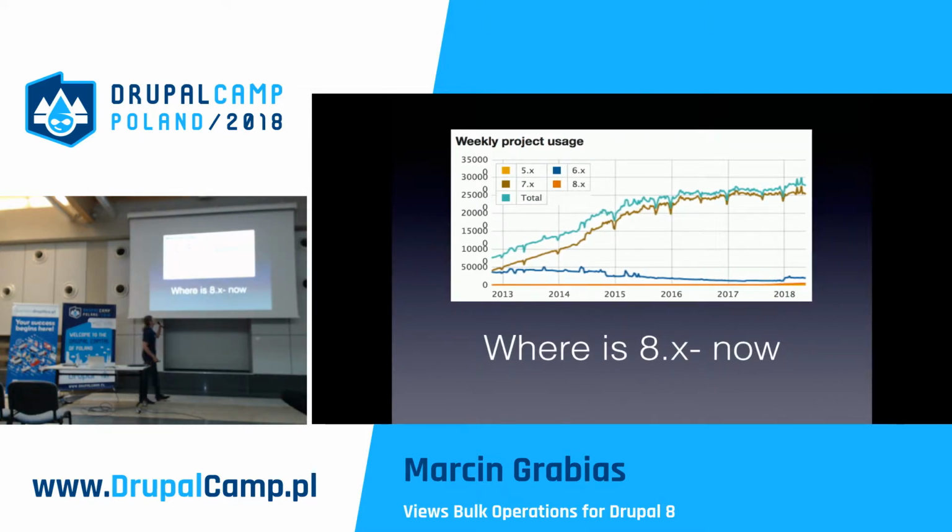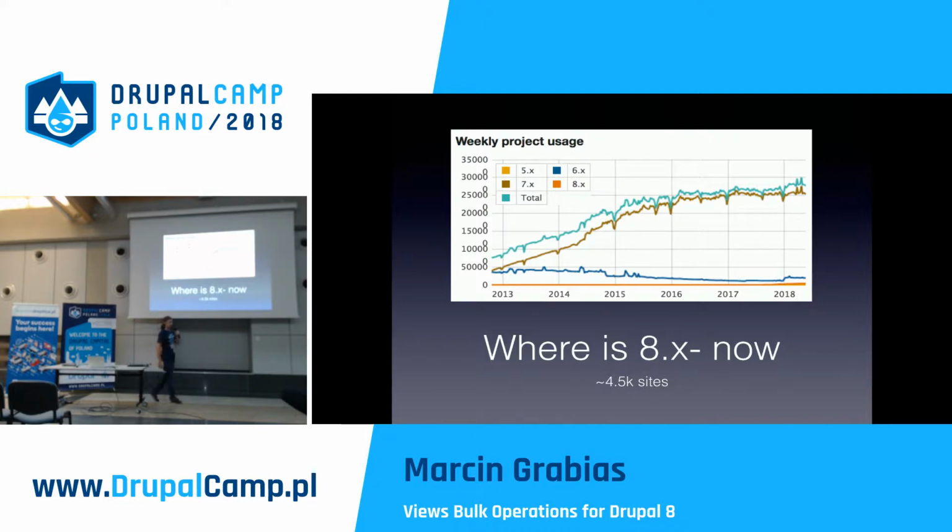Now, with all those advantages, the usage statistics for the Drupal 8 version are quite low. That is the orange line. It's barely lifted from the 0 line. Currently, 4,500 sites are using it.